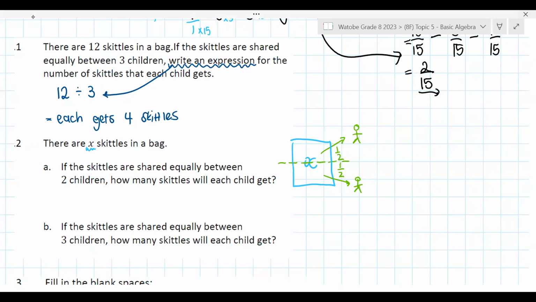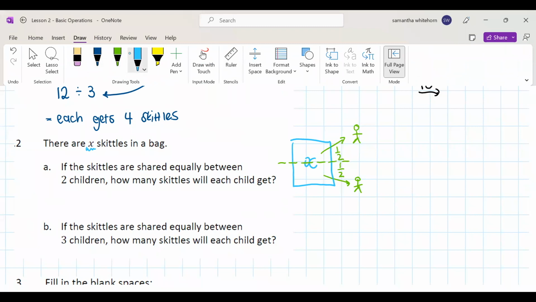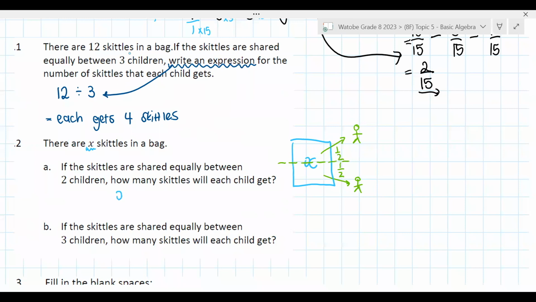So to write an expression for how I'm going to split it, I need to take the X Skittles in my main bag and divide it between the 2 children.